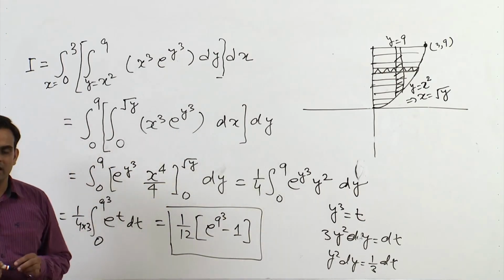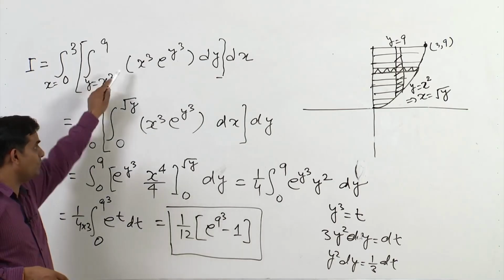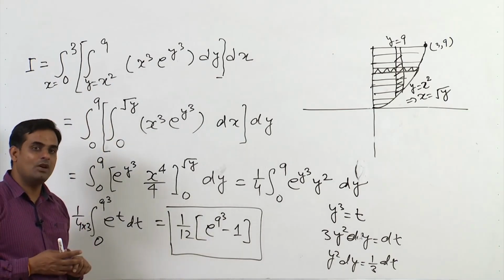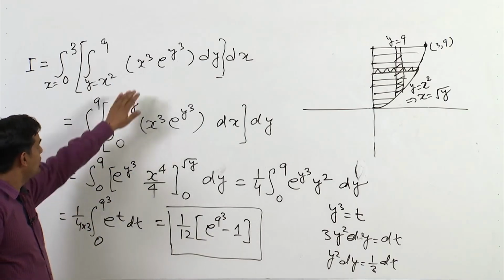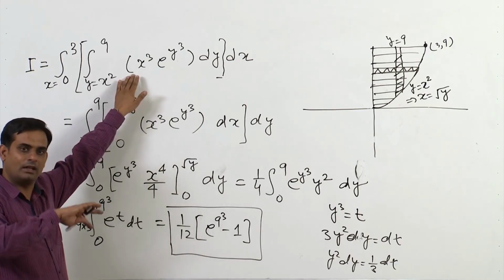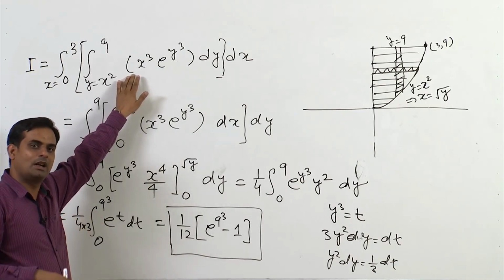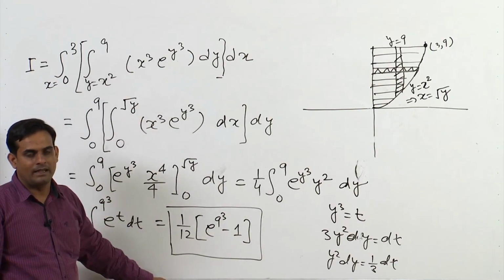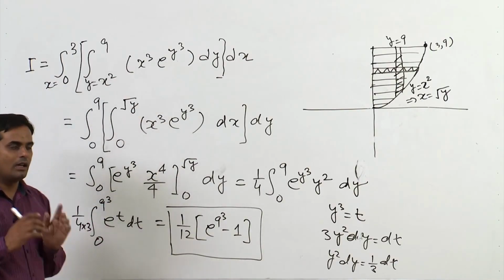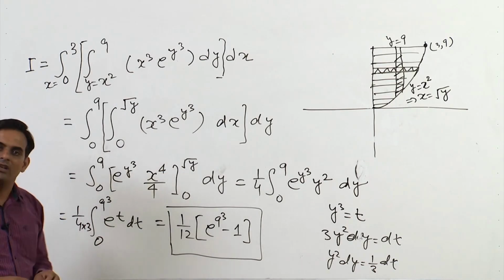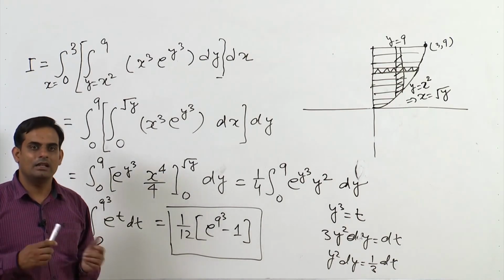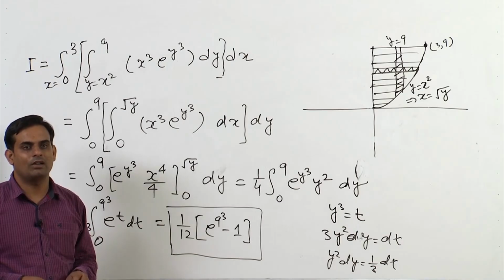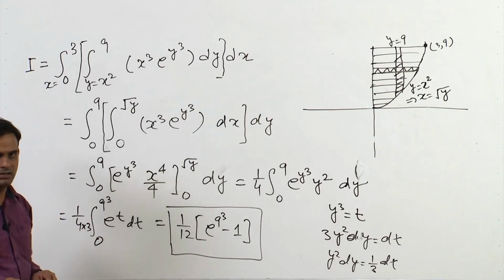So here you have seen the original problem was not solvable in the original order, but once you change the order we can solve it. Hence, we have the necessity of change of order in many double integral or triple integral problems.